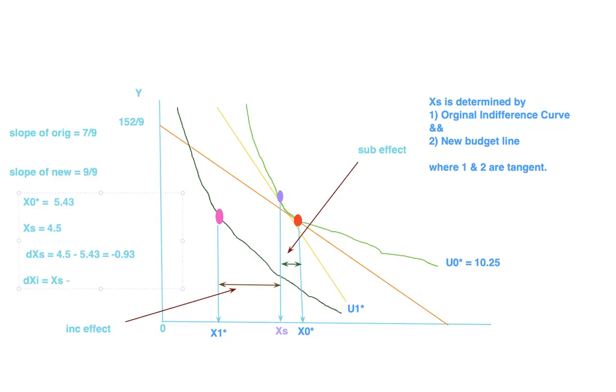We're starting at xs and we're ending up at x1 star. So x1 star minus xs.